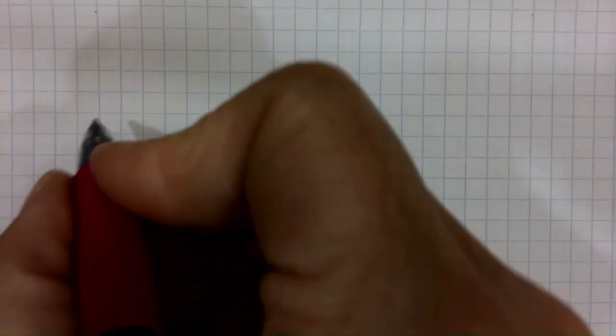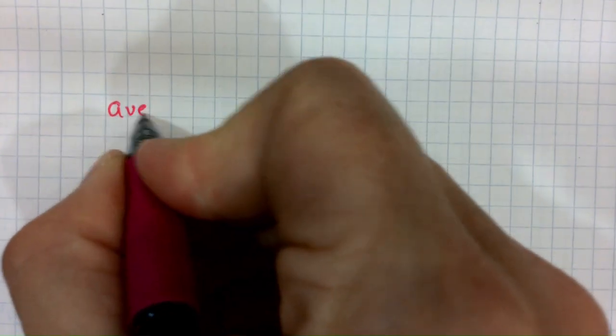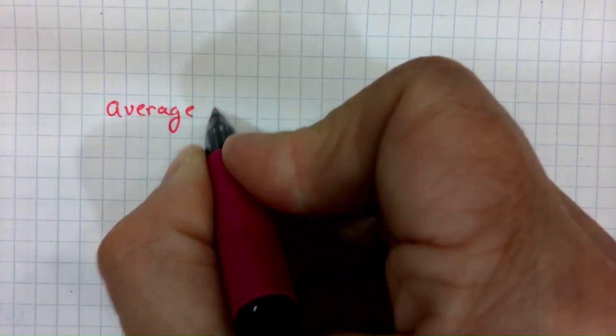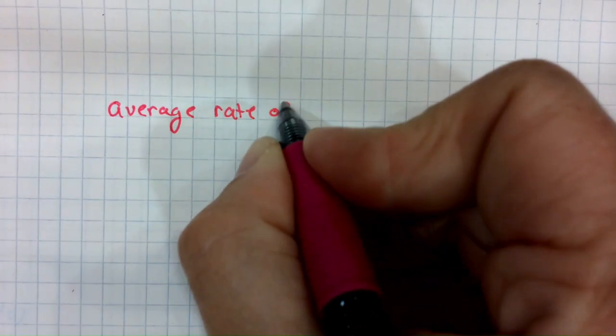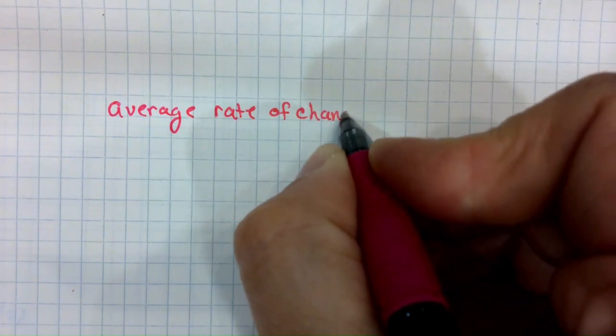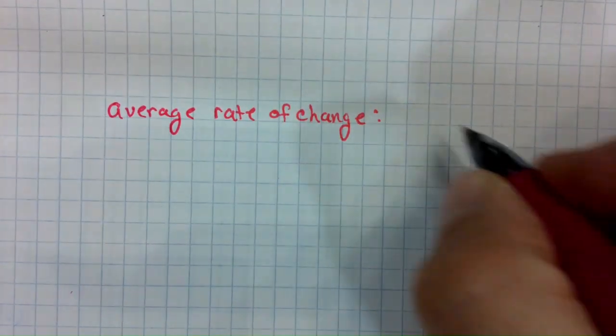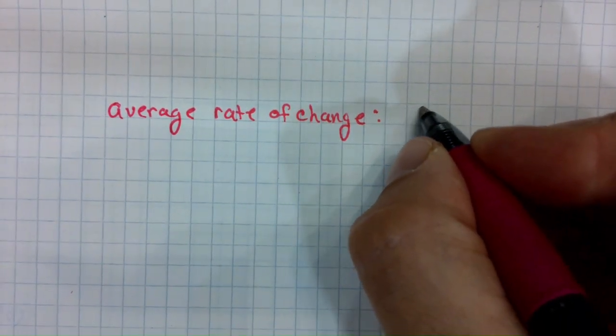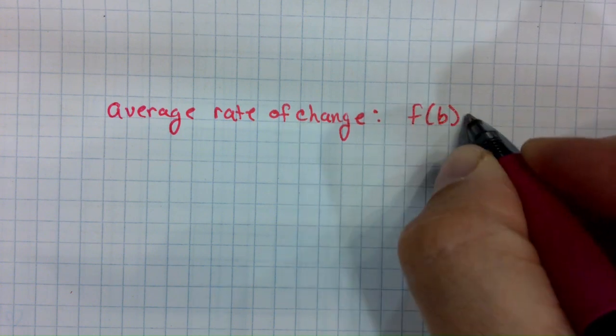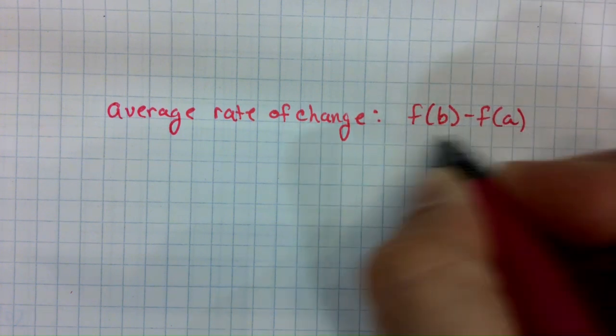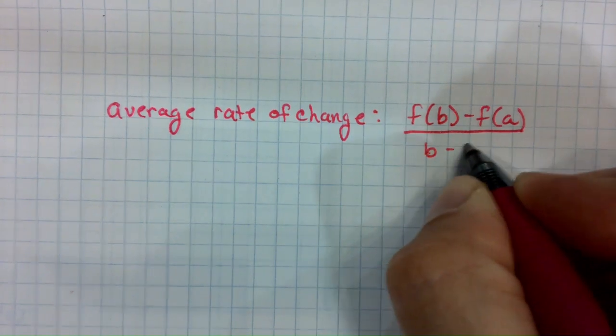When discussing key features of graphs, another thing that you might hear them refer to is the average rate of change. And then you might see them write f of b minus f of a over b minus a.